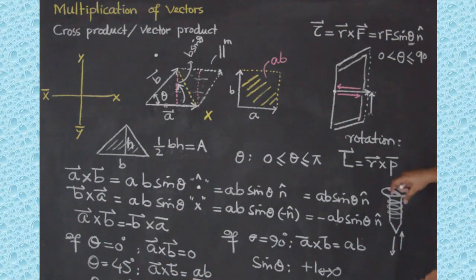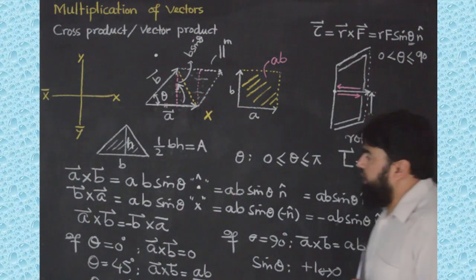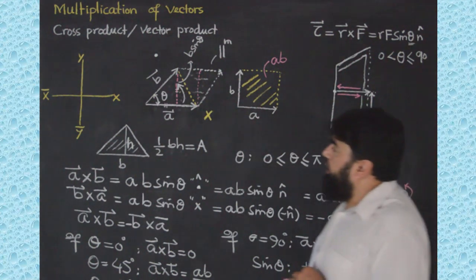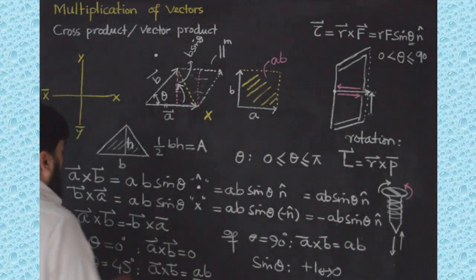So the screw example is very right to consider: rotating it in this direction will move it in, and rotating it in the other direction will move it out. So rotation occurs in both cases, but in one case it goes into the surface, and in the other case it goes out of the surface. And here we have the cross product.